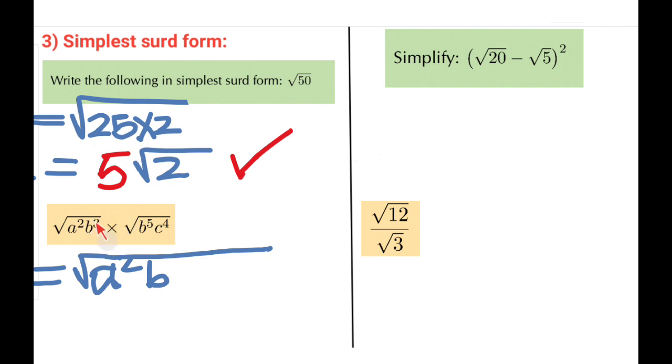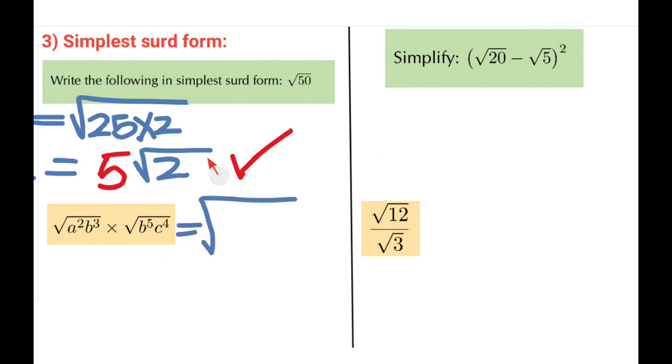So that will be b to the power of 3 plus 5, which is 8. So that is b to the power of 8. That will be equal to everything in the same square root: a to the power of 2, b to the power of 8, and c to the power of 4. Now find the square root of each.